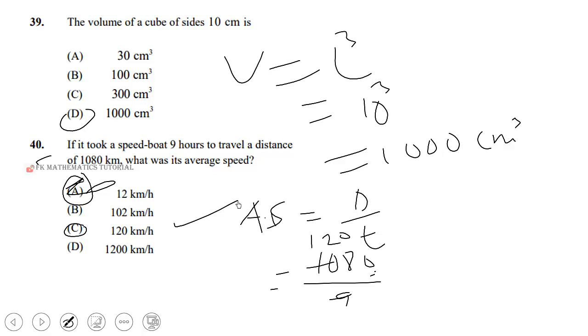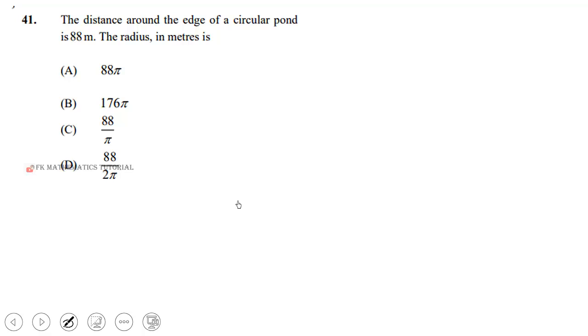Now let's go to 41. The distance around the edge of a circular pond is 88 centimeters. The radius in meters is... So 2 pi times the radius is equal to 88 meters.